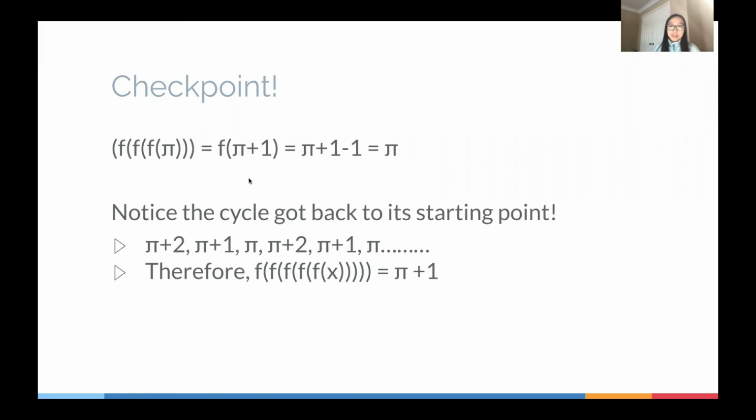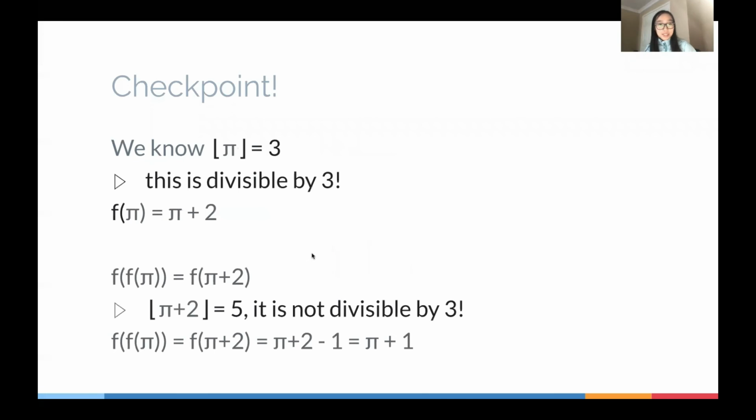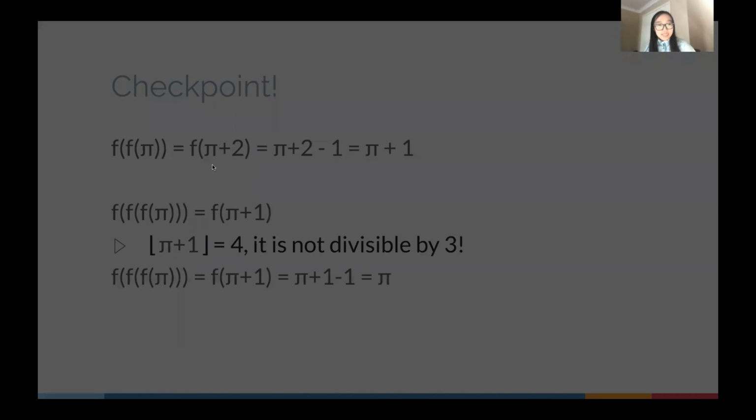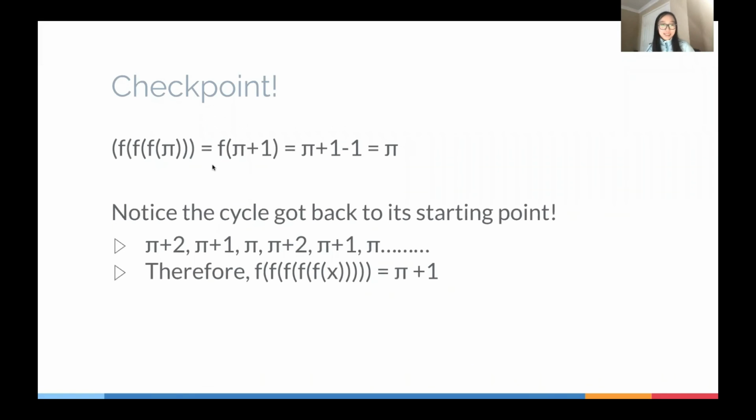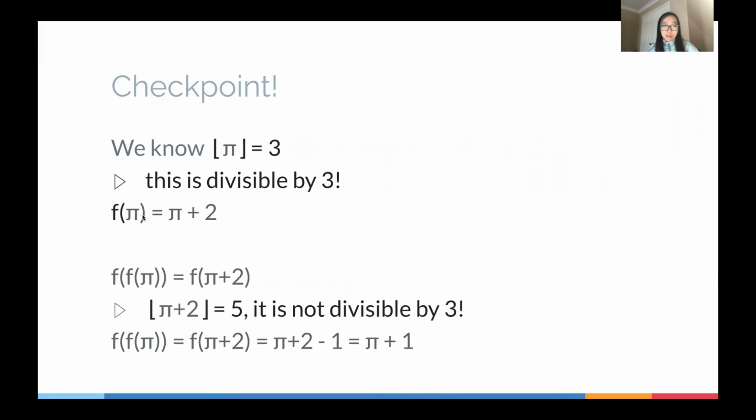Now here you might notice something, because we end with pi here, but what did we start with? We started with pi as well. So you can actually think of this as a cycle, because we have pi plus 2, pi plus 1, pi. And we already know that f of pi is just pi plus 2.